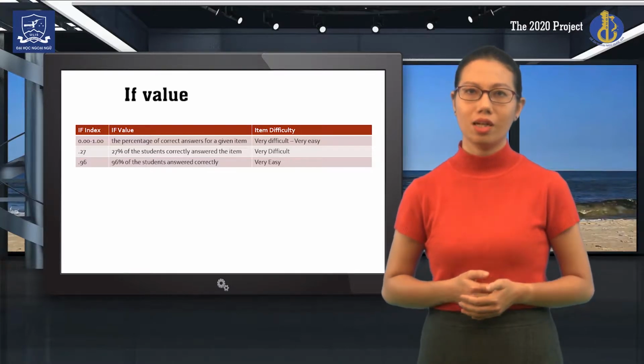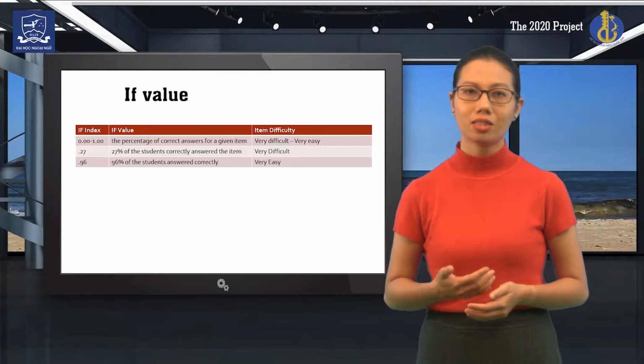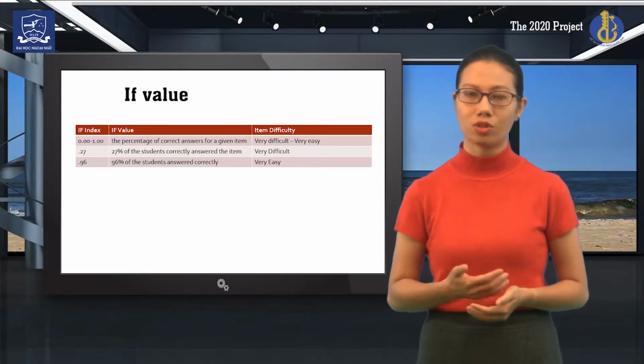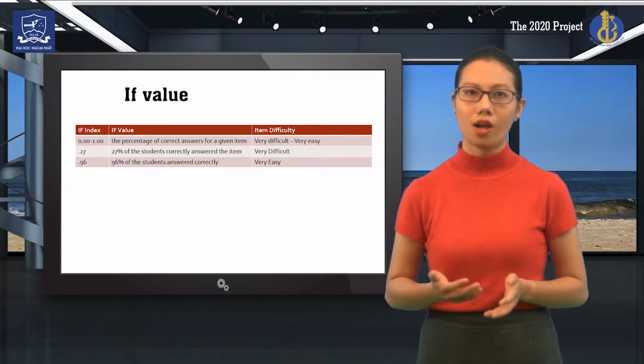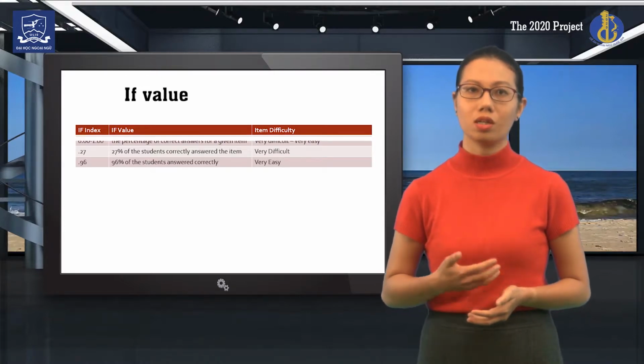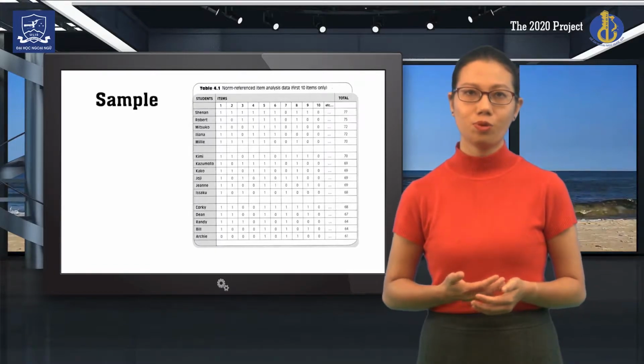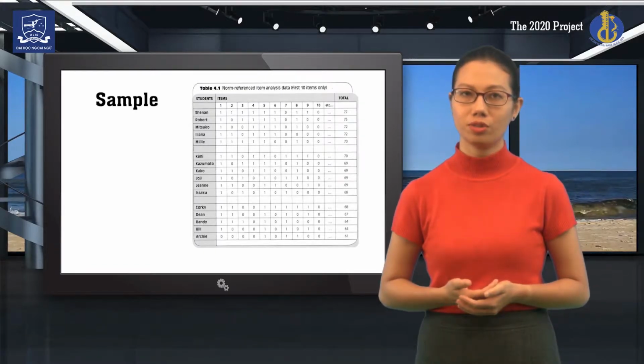In contrast, an IF of 0.96 would indicate that 96% of the students answered correctly. A very easy item because almost everyone responded correctly. Such seemingly simple information can be very useful.